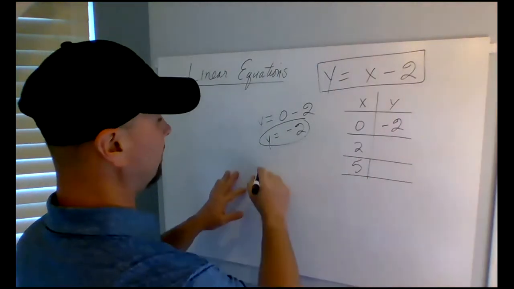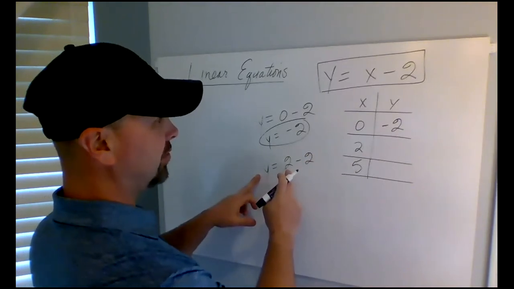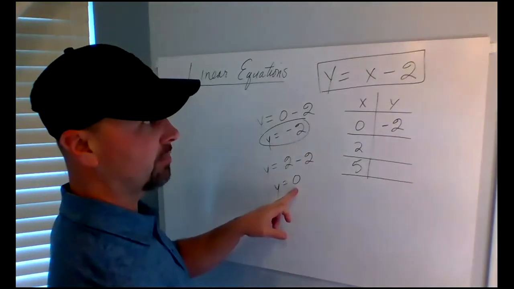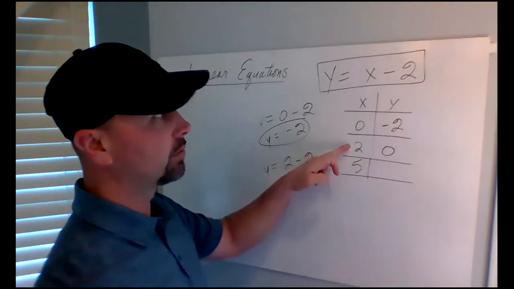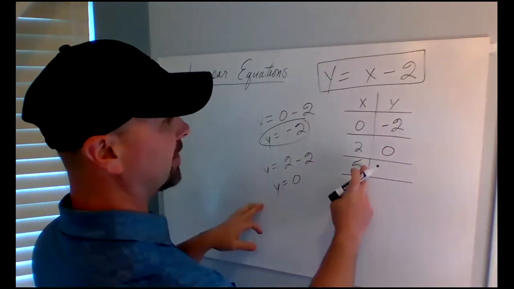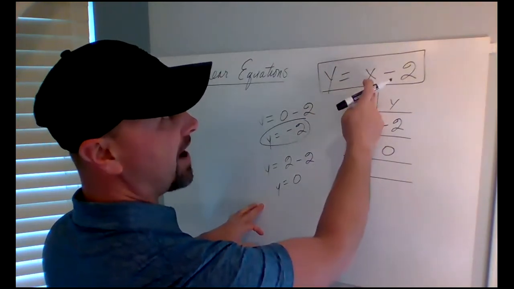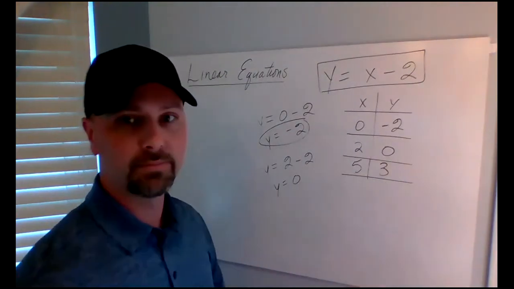We're going to put a 2 in for x. Y is equal to 2 minus 2, which is 0. So when x is 2, y is 0. And finally, one more, 5. Y is equal to 5 minus 2. 5 minus 2 is 3.